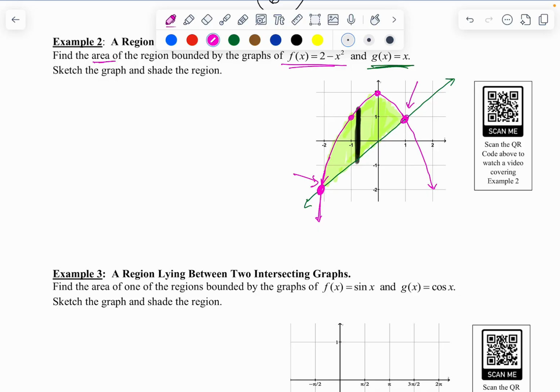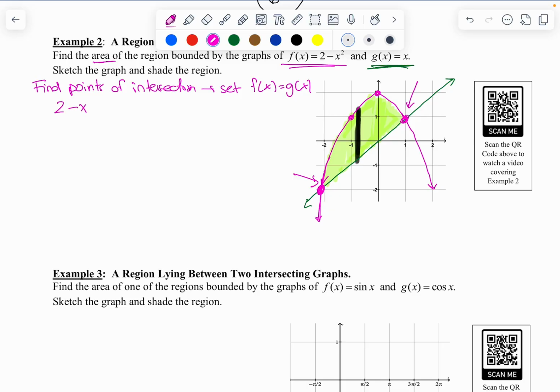We know that to find the points of intersection, you set f of x equal to g of x to see where they are intersecting.